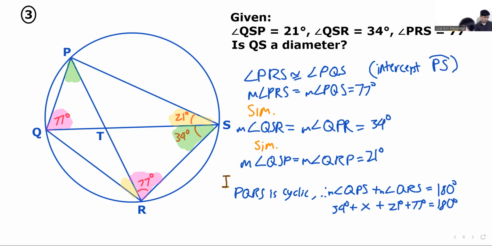Therefore, x is equal to 40 degrees. So you can put that on the figure. This will be 40.